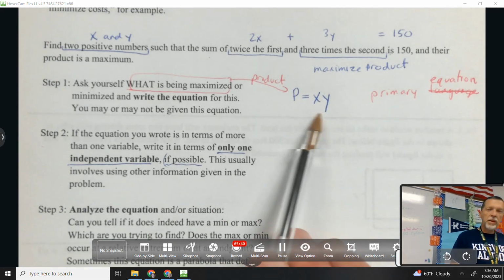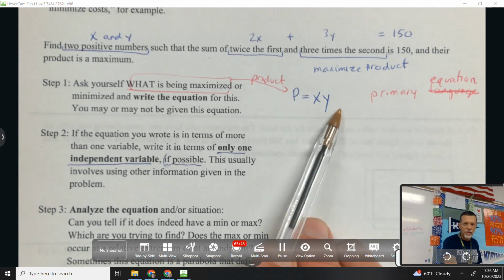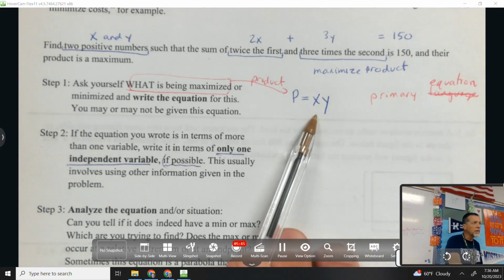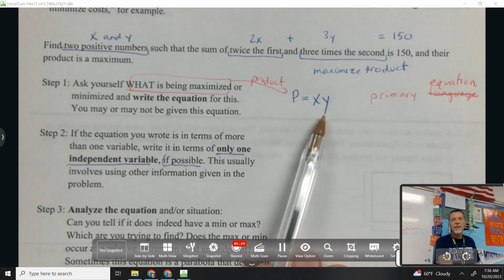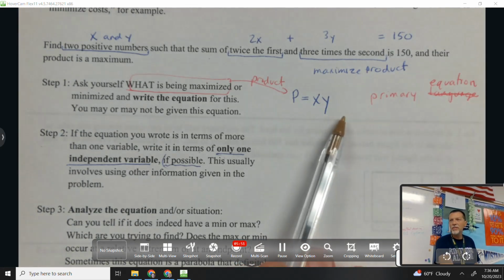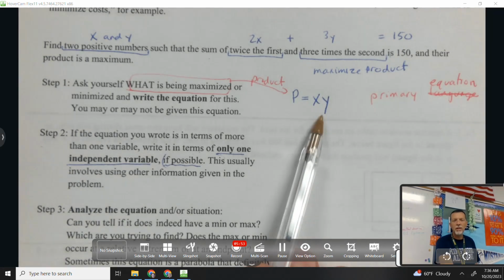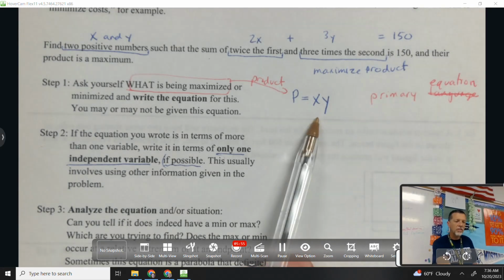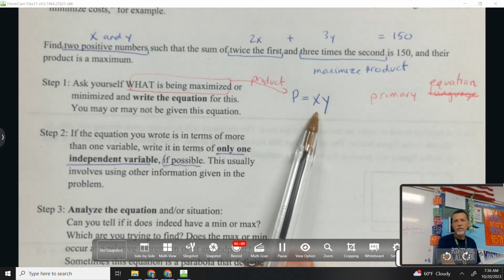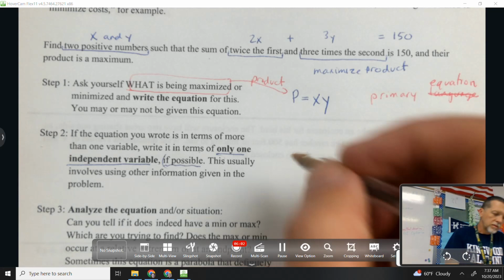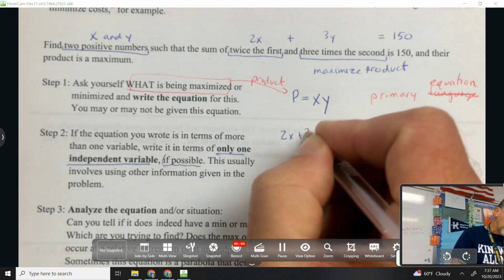So P equals x times y. That's what I want to maximize, which means I want to take a derivative of it. But if I take a derivative right now, it's product rule and chain rule and two derivatives, and I don't want to mess with that. If I could solve for x or y, I could make my life easier and only have one variable. Well, we have an equation that relates x and y.